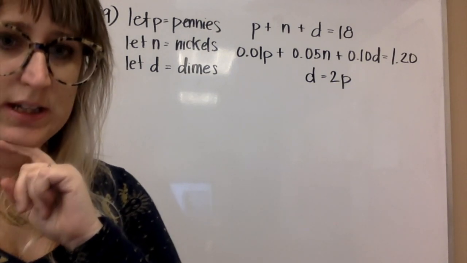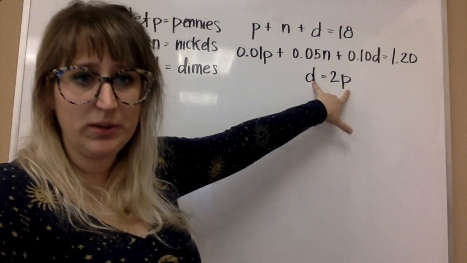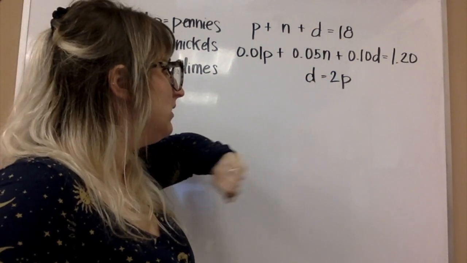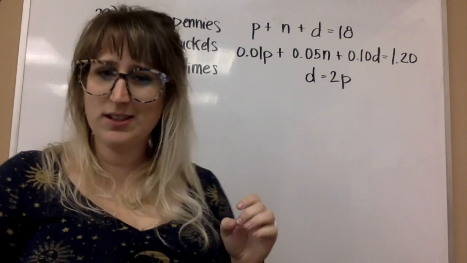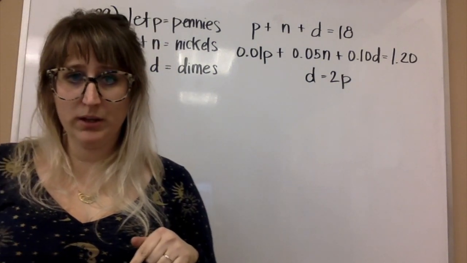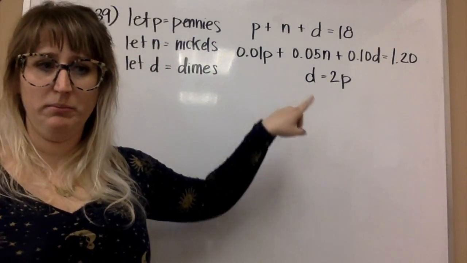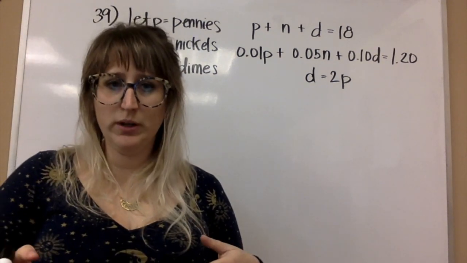My suggestion is, since we have already solved for D, we can plug it into the 2 top equations. Another thing that you could do to make your life a little easier is multiply the middle equation by 10, and that'll move our decimal point over.